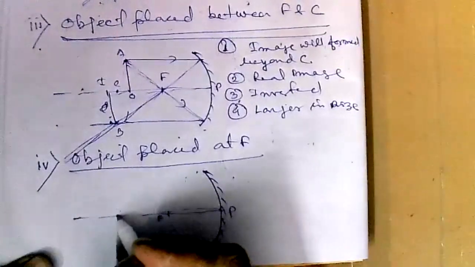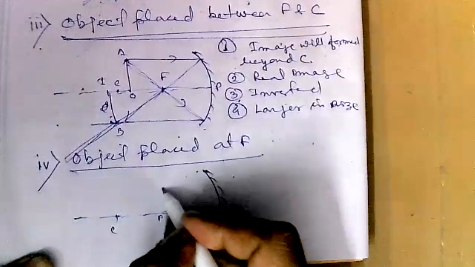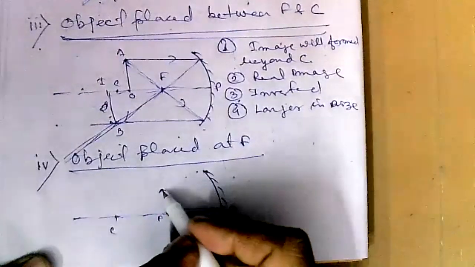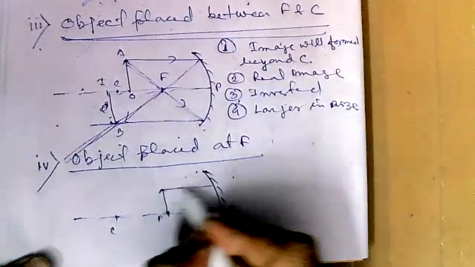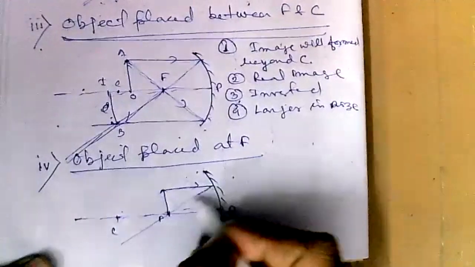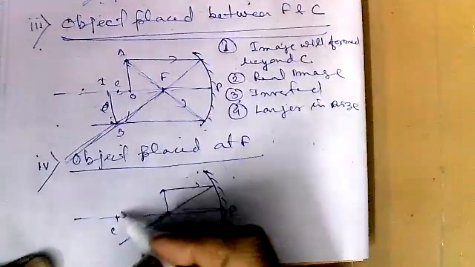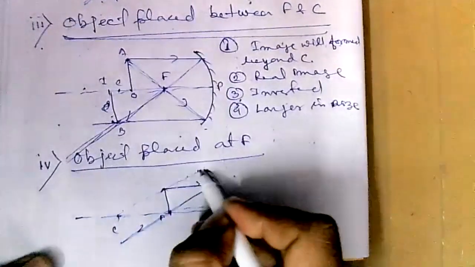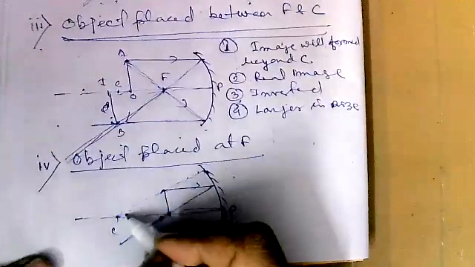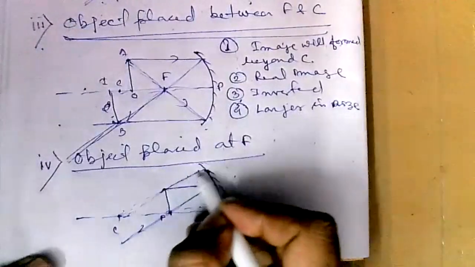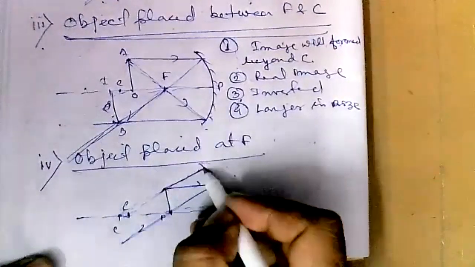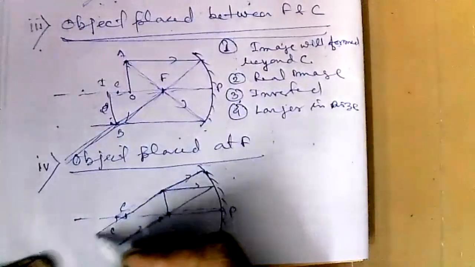Here is the object. If we send a parallel ray, it will pass through the focus. And if we send a ray passing through C, it will return back.